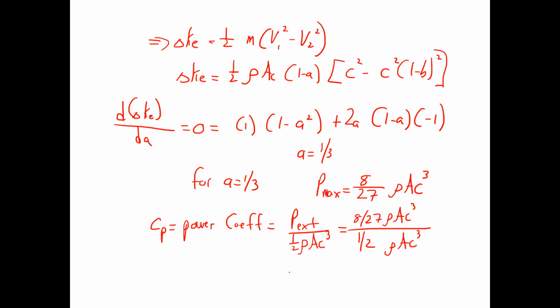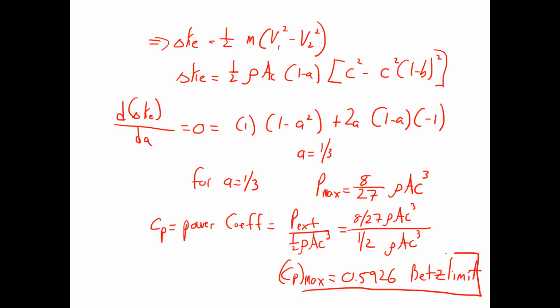So this power coefficient, the maximum power coefficient that I can extract, ends up being 0.5926, and that number is regarded as the Betz limit. The Betz limit, again, is the maximum power that can be extracted from the air, theoretically.